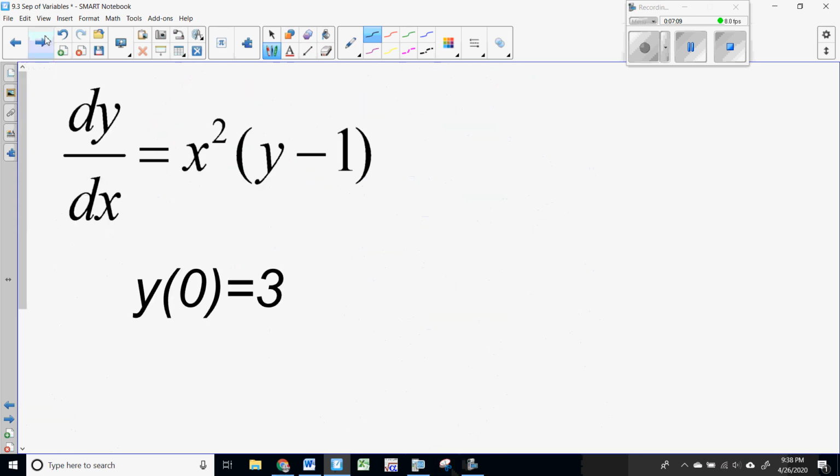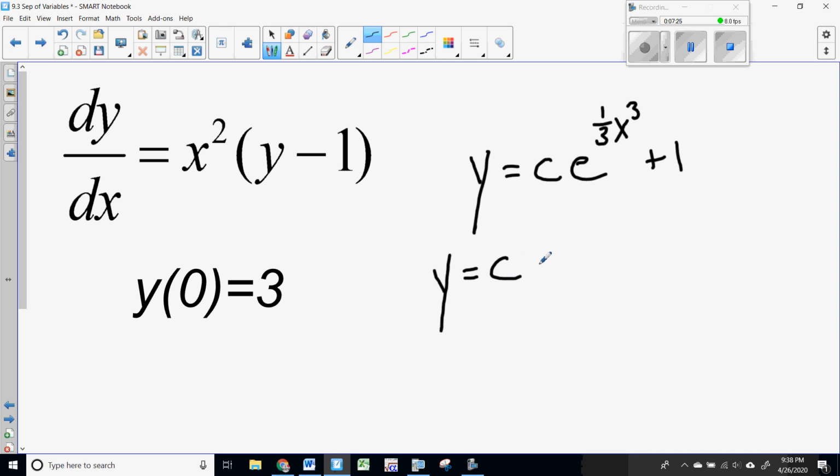Now, if we are given an initial condition, then we can try to find what our c is. If I substitute in 0, I get 3 equals c e to the 1/3 times 0 cubed, plus 1. Anything to the 0 power is 1, so that goes to 1.